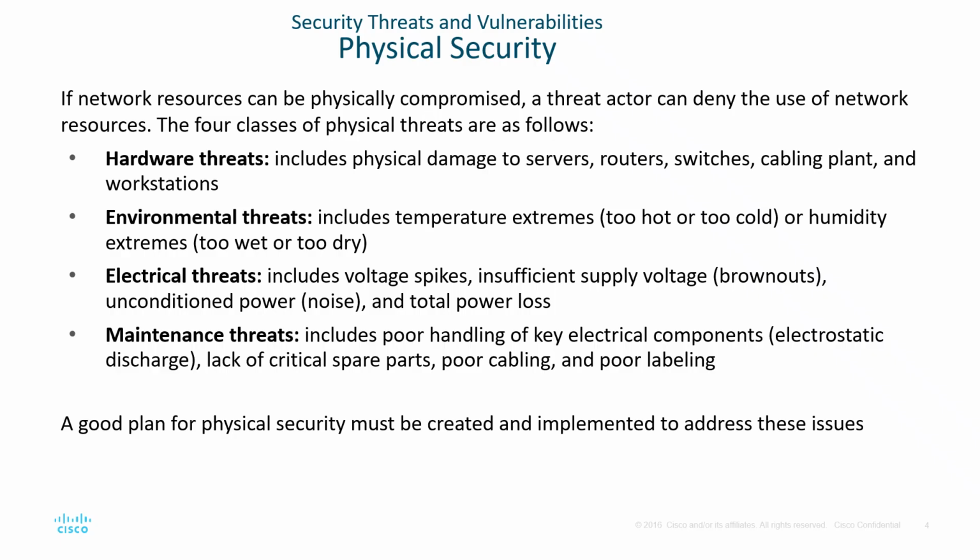Electrical threats are going to include voltage spikes, insufficient supply voltage or brownouts, unconditioned power or noise, and total power loss. So remember the 2 different types of interference that we did talk about: electromagnetic and radio frequency.